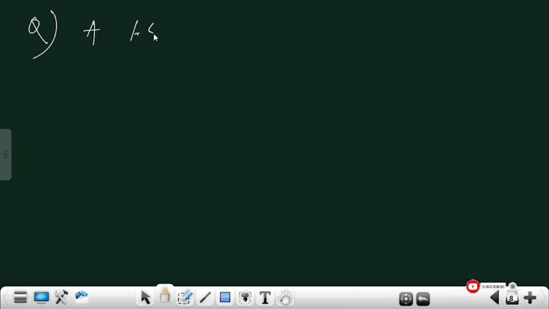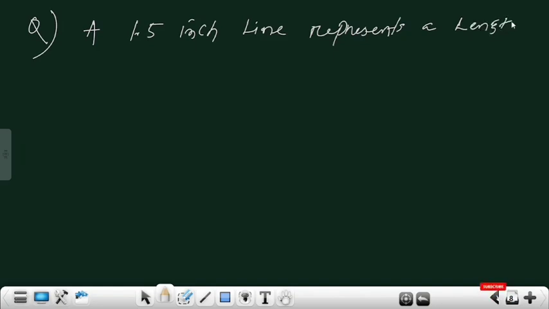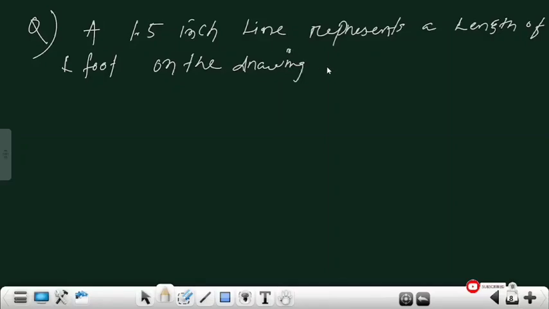A 1.5 inch line represents a length of 1 foot on the drawing.